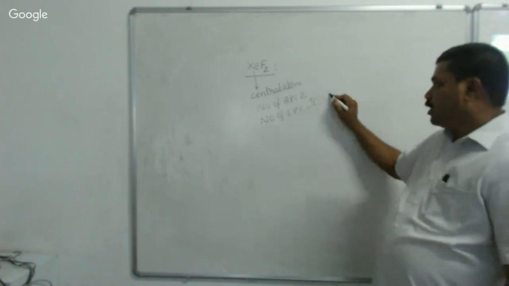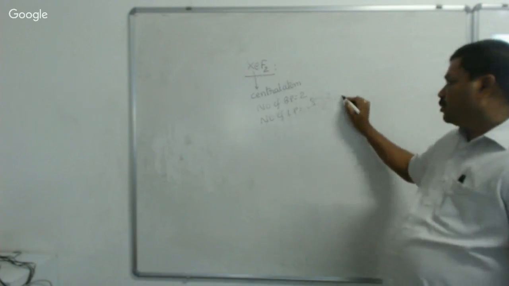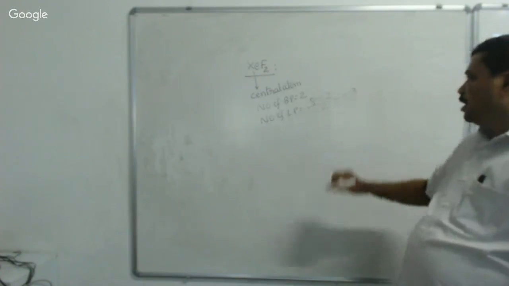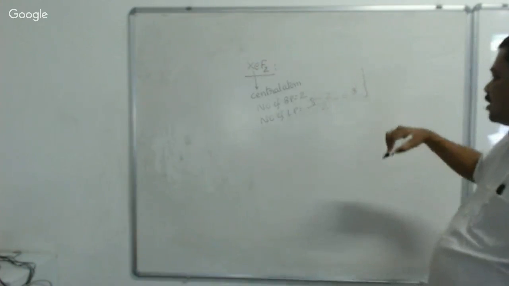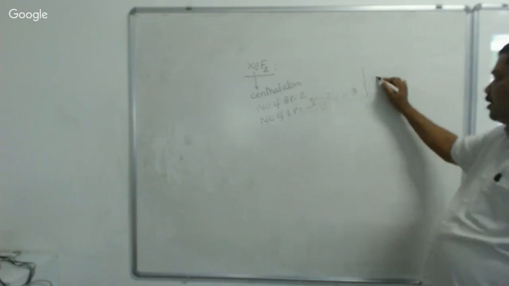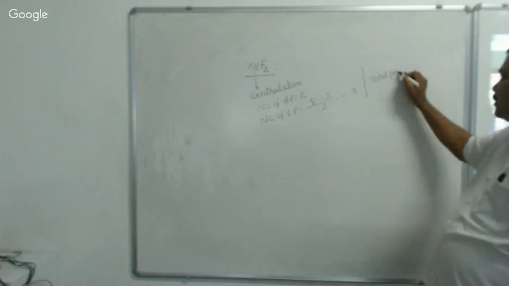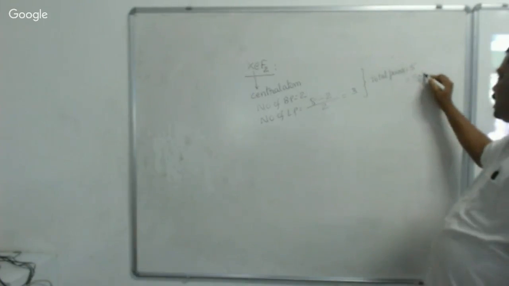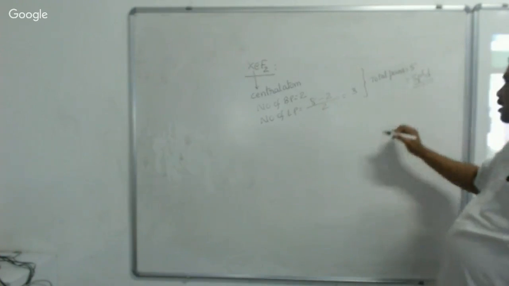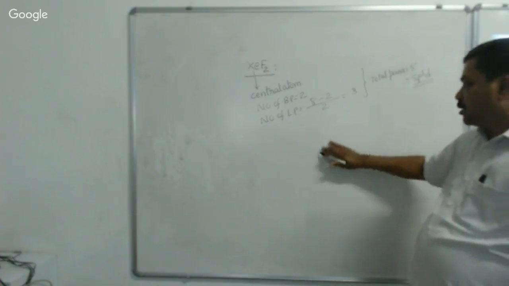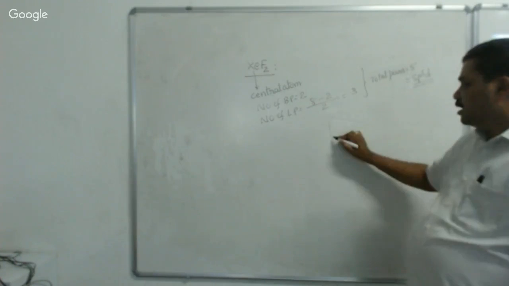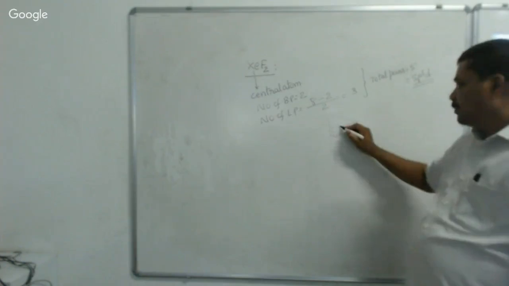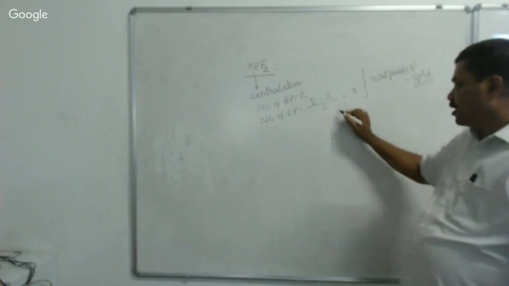Minus 2 fluorines forming 2 bonds, divided by 2, gives 3 lone pairs. When the total pairs are 5, it is sp3d hybridization.